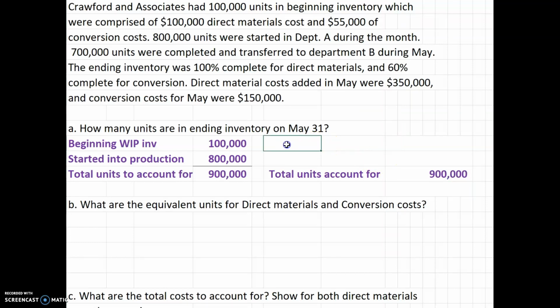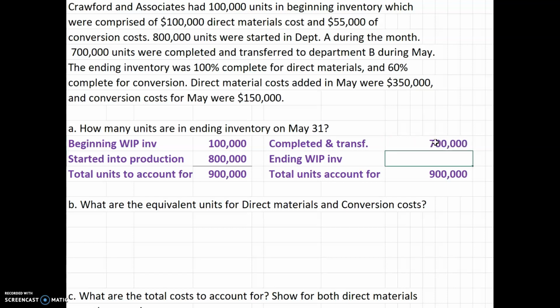Okay. So what can we account for at the end of the period? We can account for the units completed and transferred, as well as the ending work in process inventory. And so they tell us 700,000 units were completed and transferred.